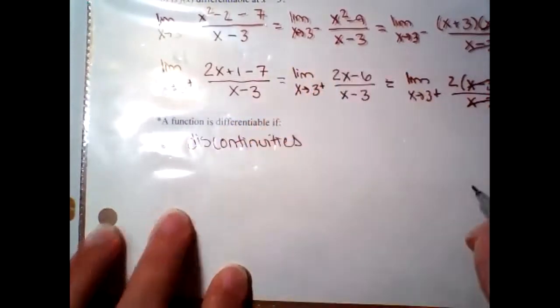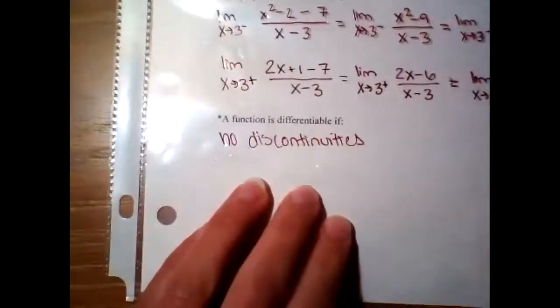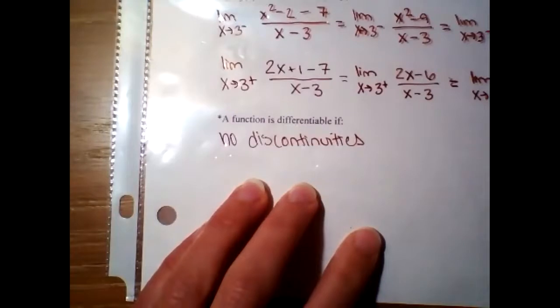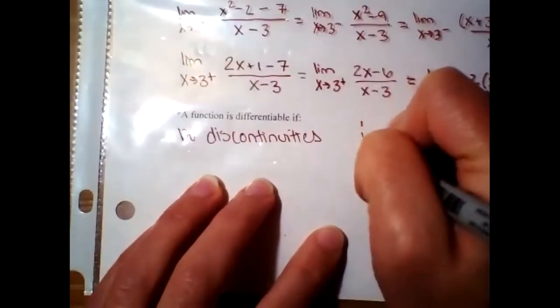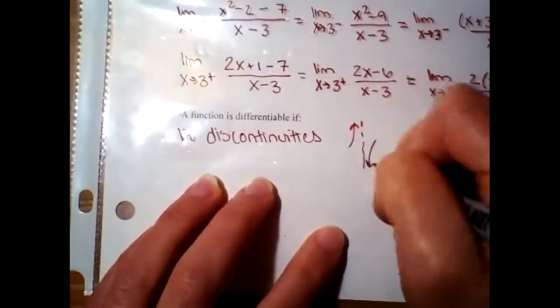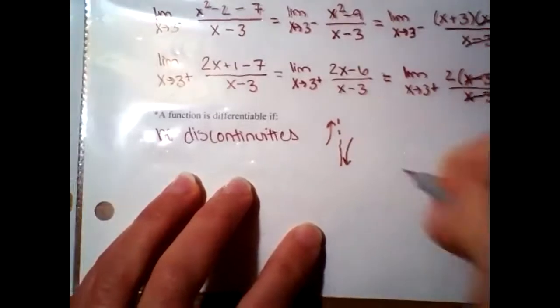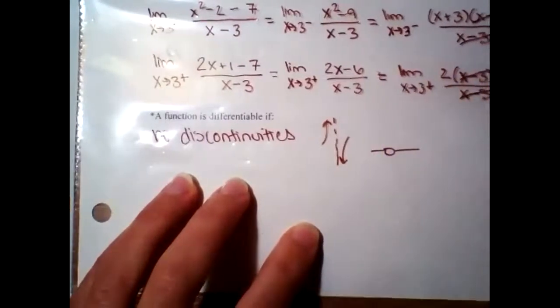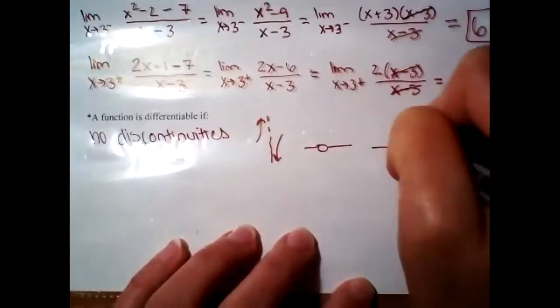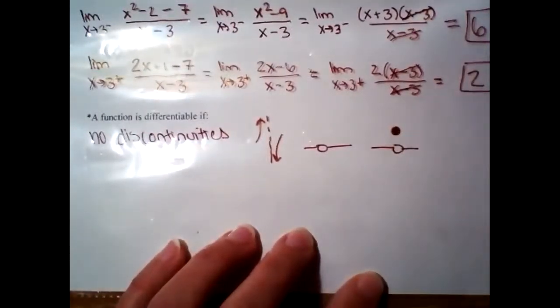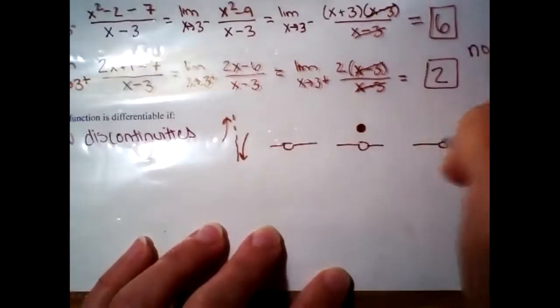So to kind of pull this all together, a function is differentiable if you have no discontinuities. I know that's a big word, but no discontinuities means the function has to be continuous. So ways that this can be a problem, your discontinuities, are if you have an asymptote, or a hole in the graph, or a hole and then the point is somewhere else, or if you have a jump.